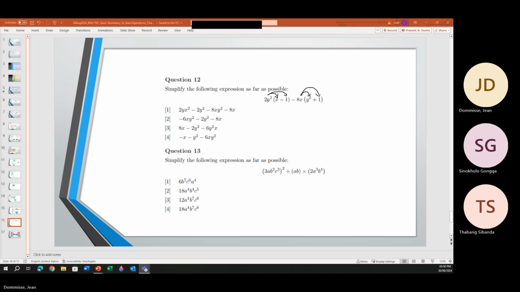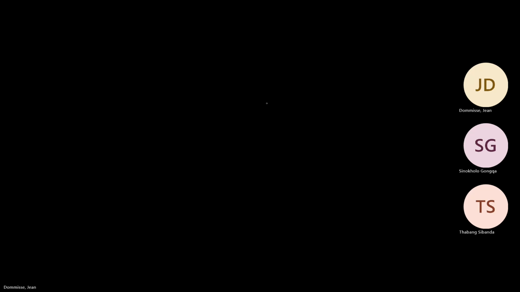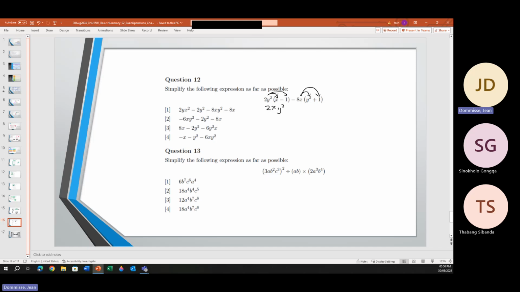So 2y to the power of 2 multiplied with x. We'll always write the x first, then y to the power of 2. So that is 2y squared times x. Then multiply the other one. So 2y to the power of 2 times minus 1 is minus 2y to the power of 2.